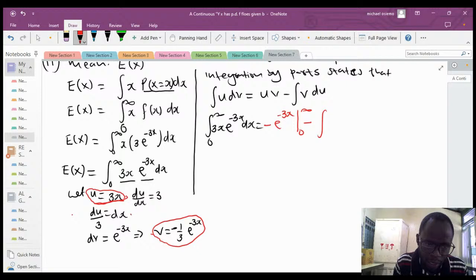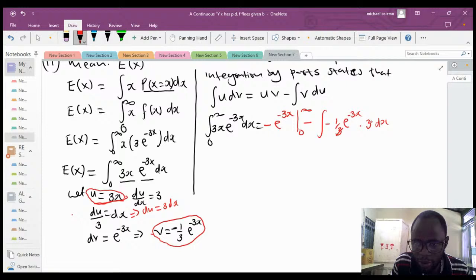From this point here, our du is equal to 3 dx, and we shall have our v being negative a third. So the negative a third we can bring out: negative a third exponential negative 3x, and then v du. If you check, the du is 3 dx, so times 3 dx. So this 3 and this one will go.